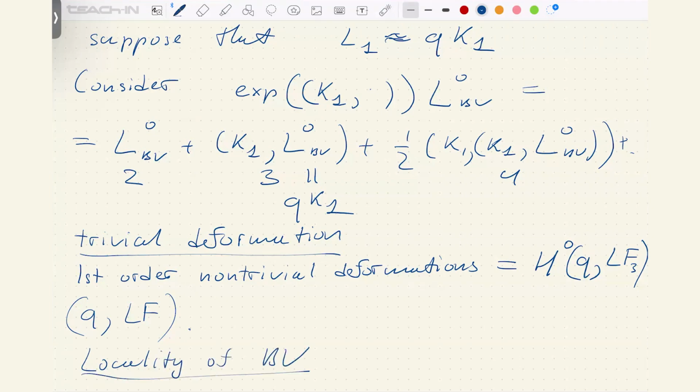Because for the moment, I just assumed that I have a BV formulation of a local theory whose master action is a local functional. But what I want is to make sure that this exists.